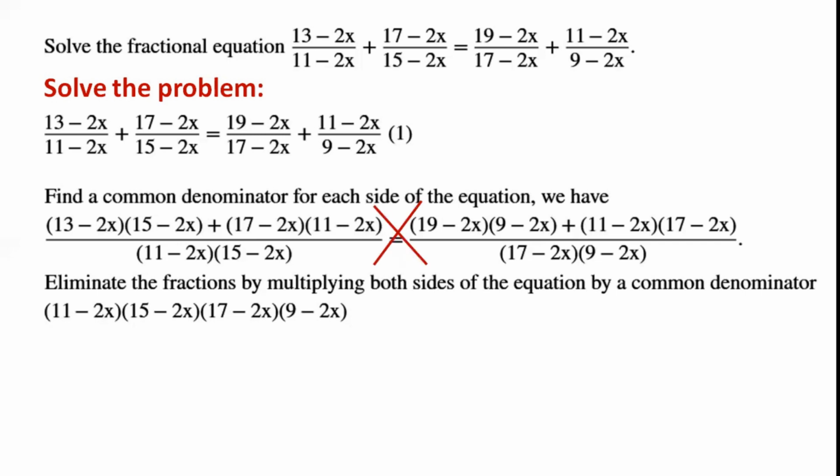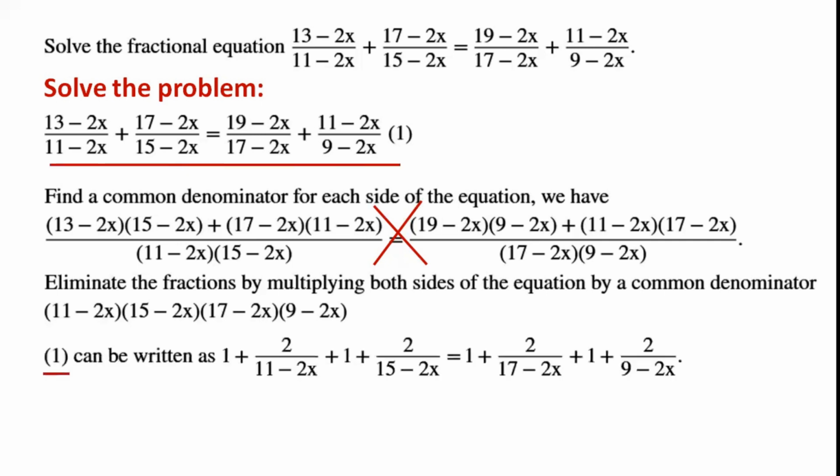However, this will result in a very complicated equation, so we will not solve this equation this way. Now we solve equation 1 by looking at the patterns and simplifying the equation.